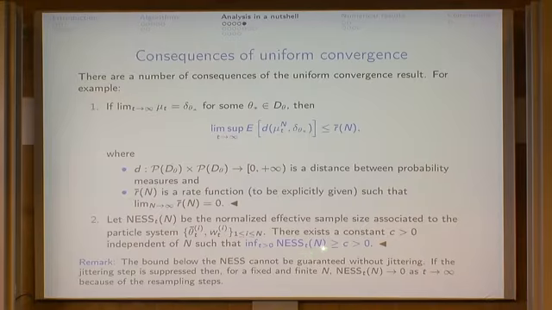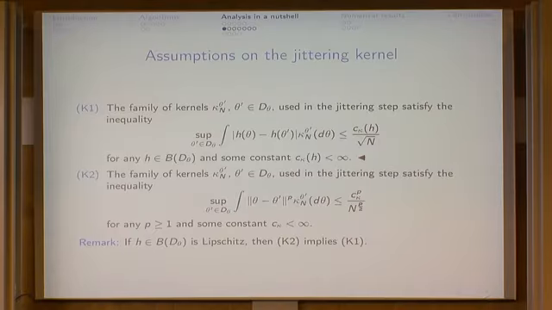Something interesting here about the jittering again is that if you don't jitter, for instance, if you just keep recomputing the weights of your samples in the parameter space, but you don't change them, you cannot really obtain this result. The normalized effective sample size actually goes to 0.